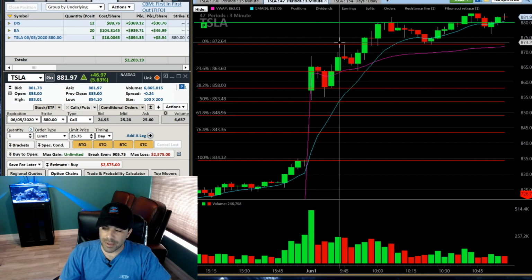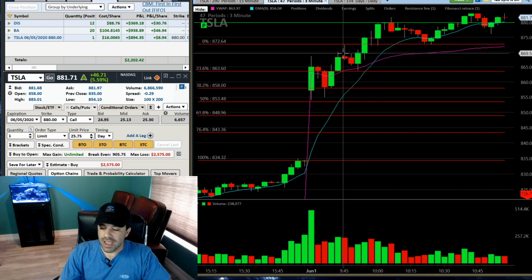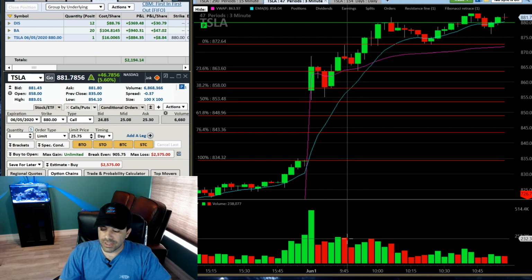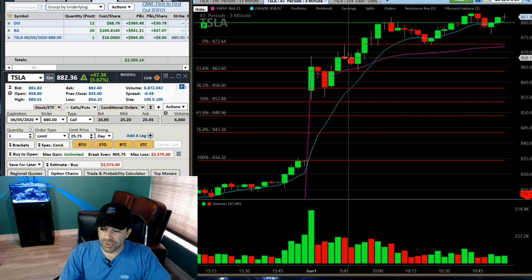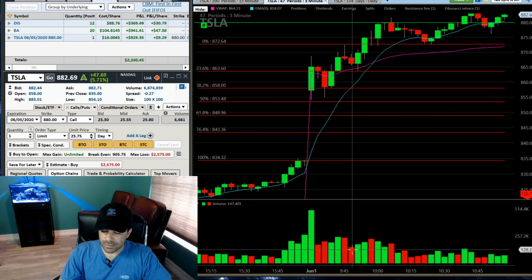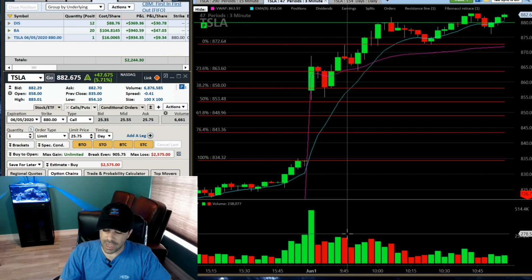I want to see that, okay? And then I want to see it pull in, and have volume start to decrease. You see these two pull-in candles? Look at these two pull-in candles on the volume. They drop. This one's a little bit big. It's okay, but that's because we pushed up to a new high.